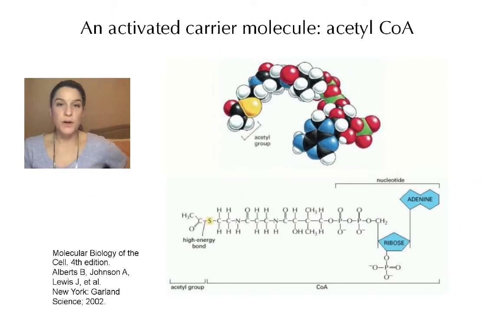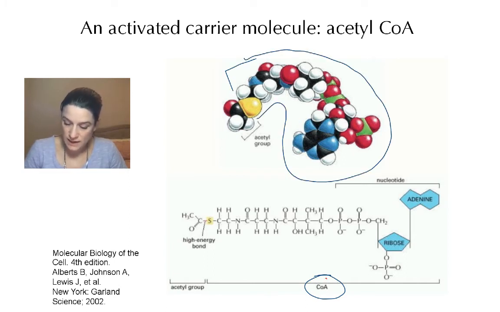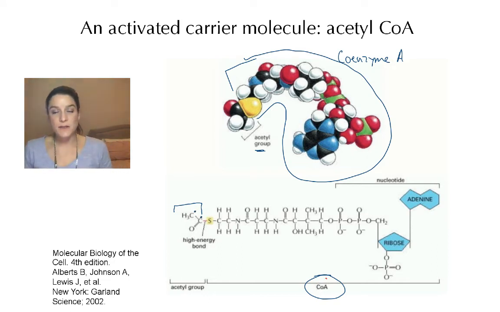Let me also show you why acetyl-CoA is as reactive as it is, and that's because of the coenzyme A that's added. It's this entire huge group here. This whole thing is your coenzyme A. And then your acetyl group, your 2 carbons, is just this tiny group here. Those 2 carbons are what you want to add onto the starter molecule of the citric acid cycle.